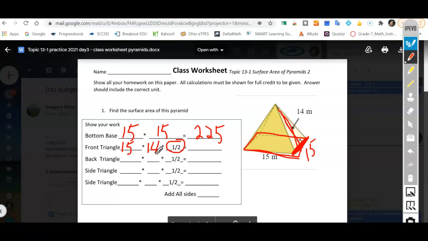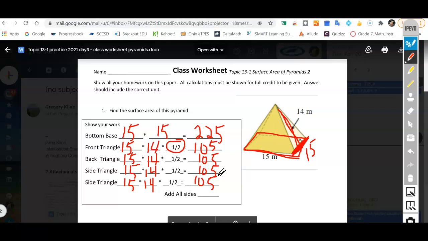Jose? Would you say 105? And all 4 triangles will be the same, won't they? So you don't really have to write them all in. 105, 105, 105.